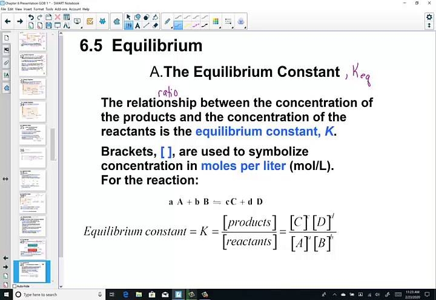It's the relationship between the concentration of the products and the concentration of reactants at equilibrium. And so we represent those concentrations using a bracket. And the bracket, which you see, contains inside whatever elements or compounds are reactants and products. But I want us to note that those are concentration units that are given to us in moles per liter.